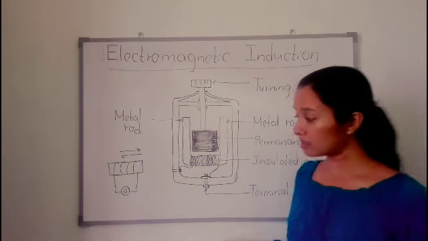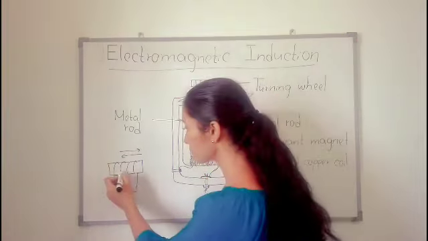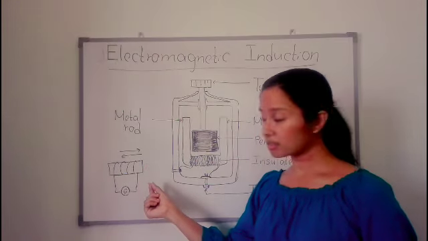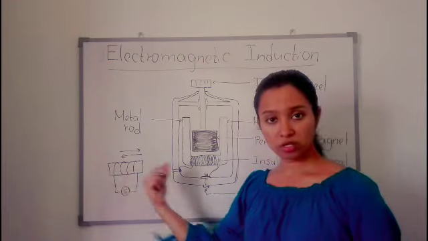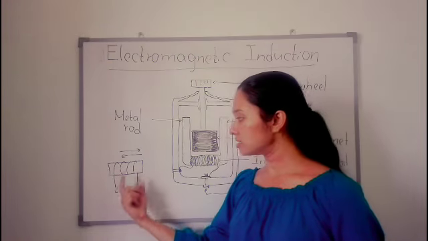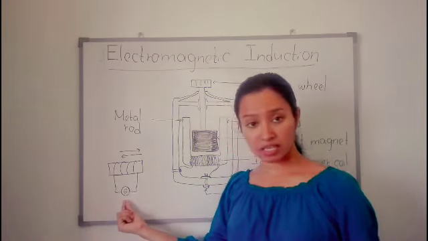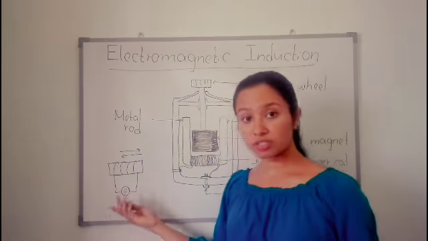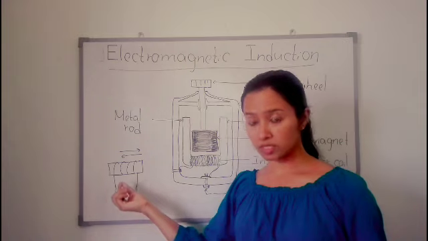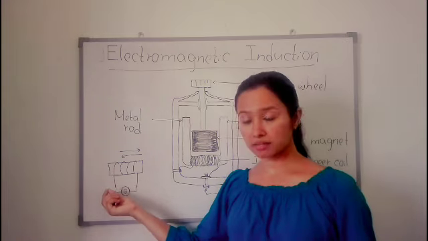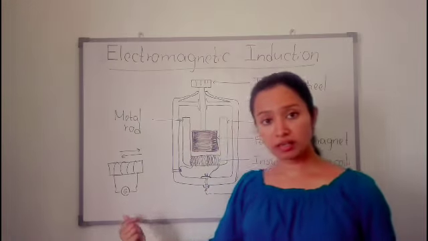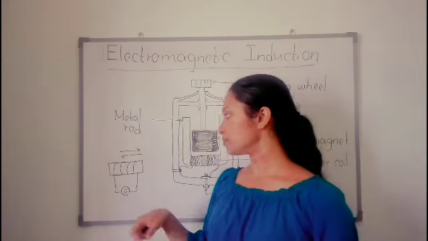In the previous practical, we moved this bar magnet inside the coil, left and right. We moved this bar magnet and we could see that electricity is generated because of the movement. While we are moving the magnet, we can see the movement of the indicator of the galvanometer.